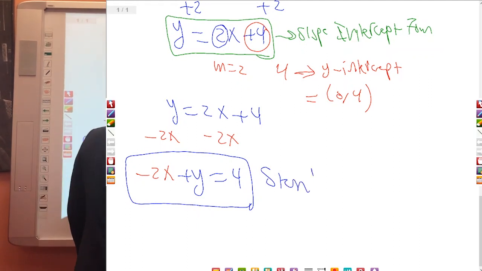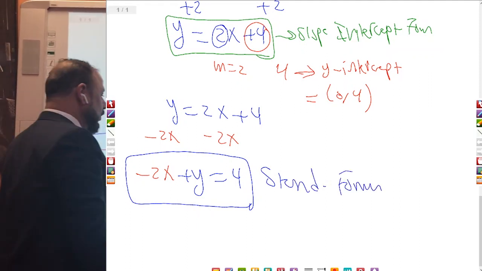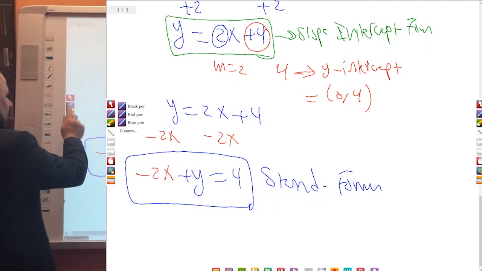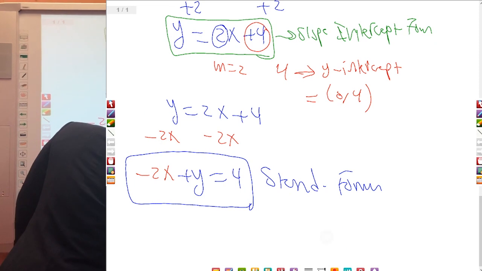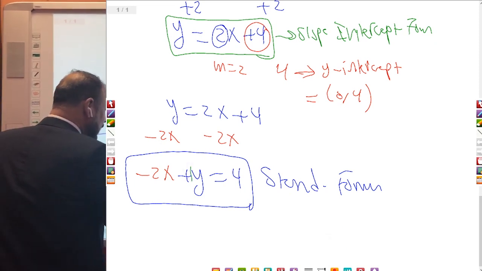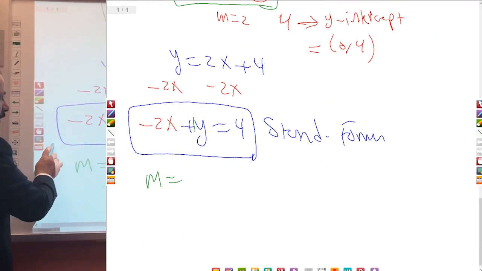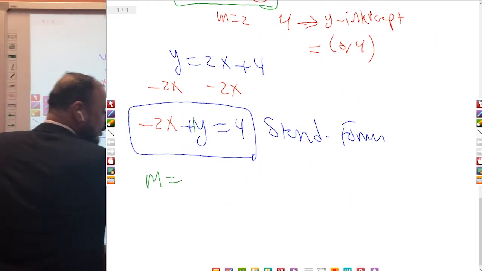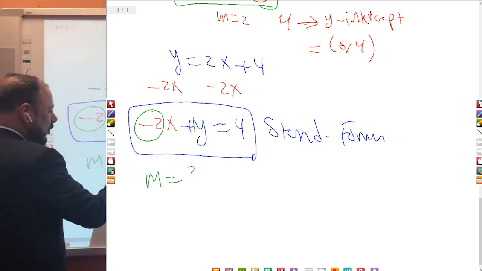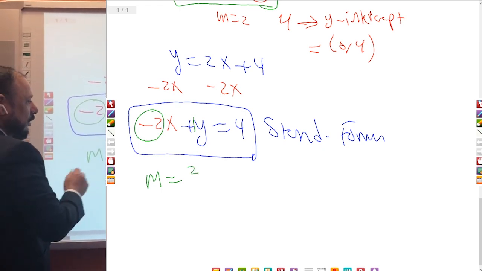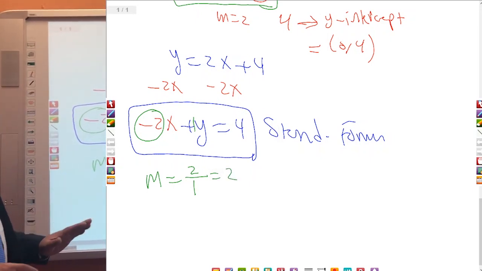Standard form. If you want to find the slope, remember what I showed you before. If there is no number with the variable, the number is 1. You go to the x, which is negative 2, you make it 2, the opposite, and the number with y is 1. Let me graph now.